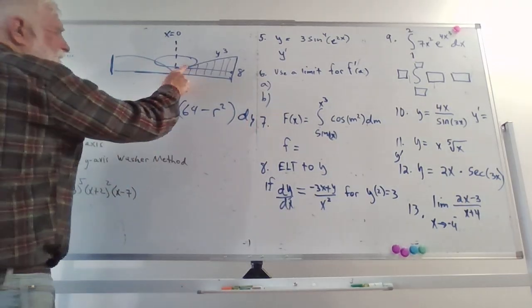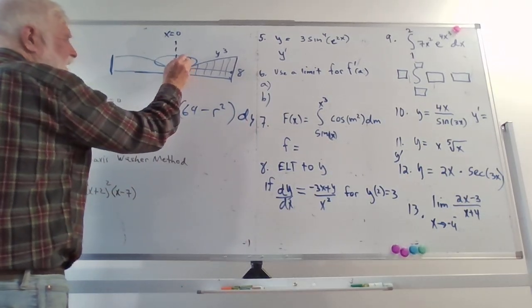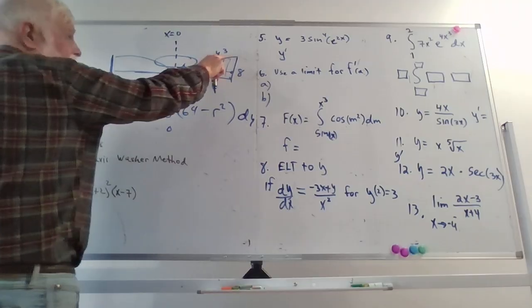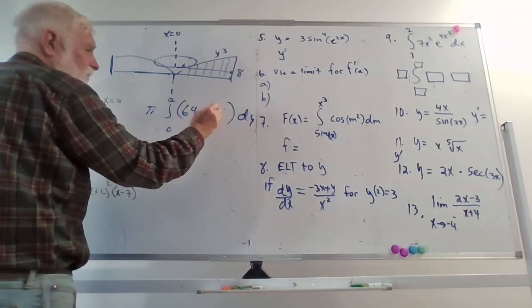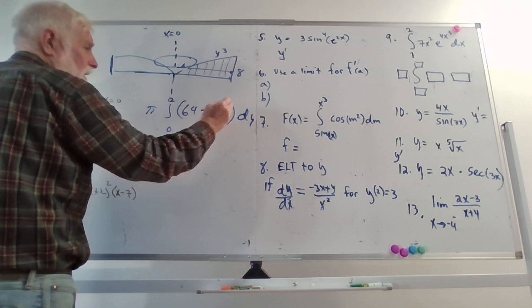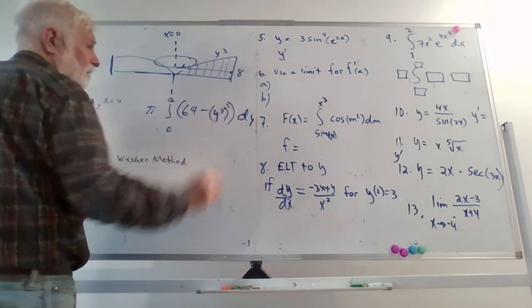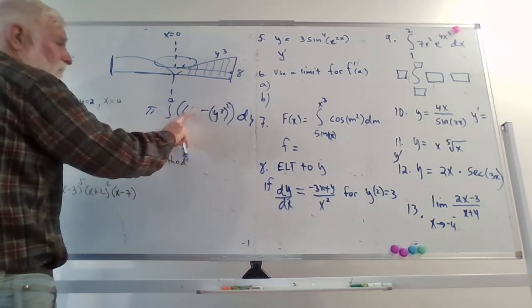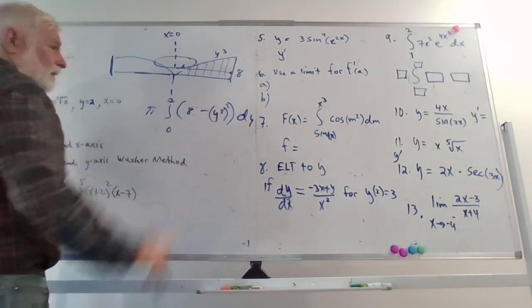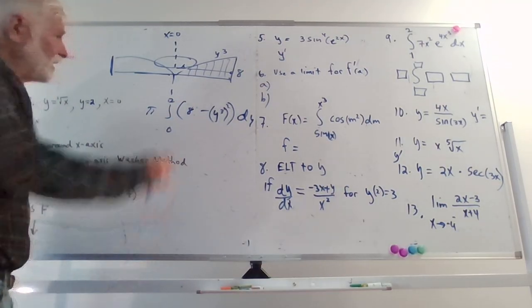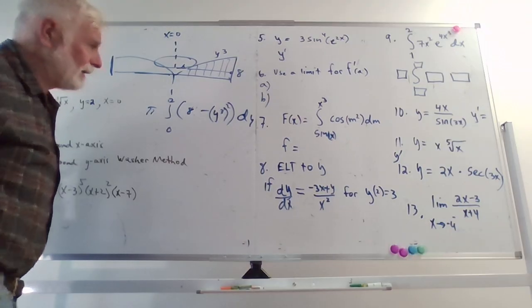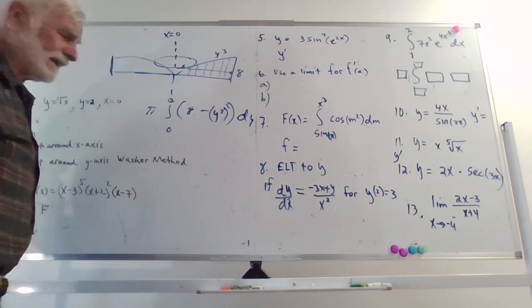So what is this x distance? Well, it's a function of y. It's y cubed. So what do I have to do to y cubed? I gotta get a little square going there. This was 8 squared. And they call this the washer method, kind of like a donut. You get a hole in the middle. Okay, and I think that's it.